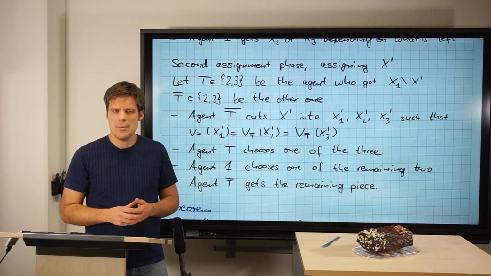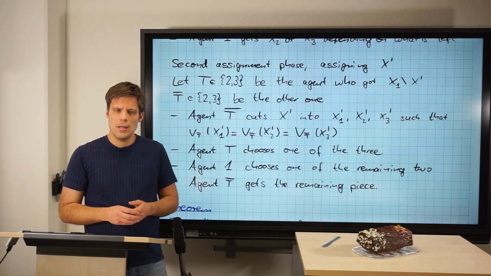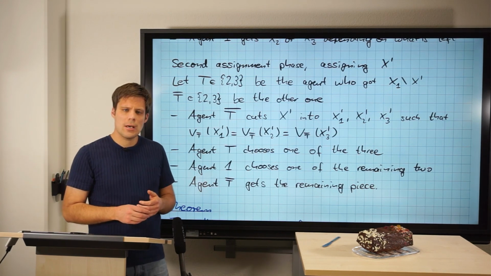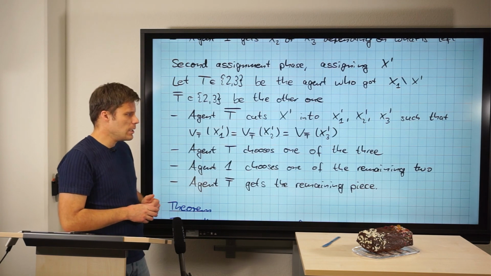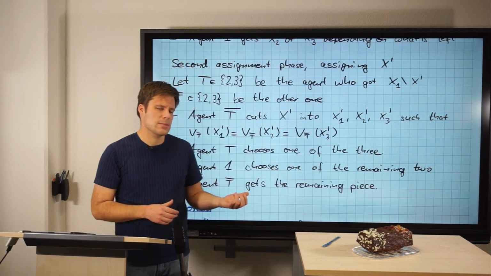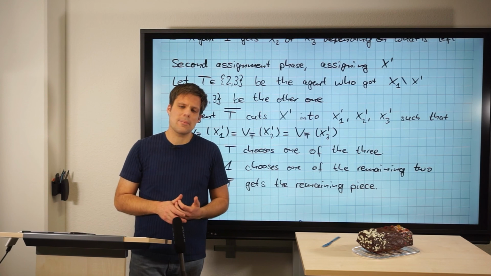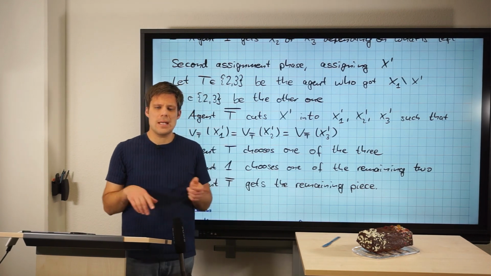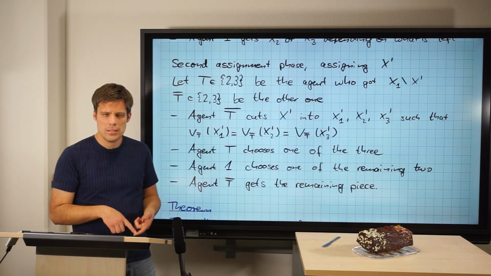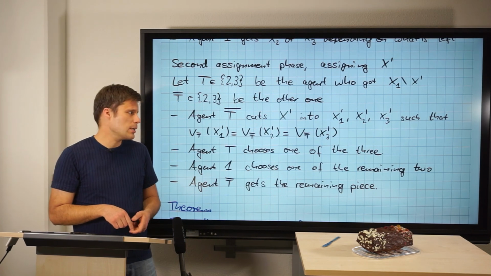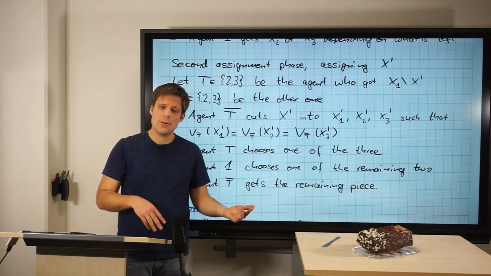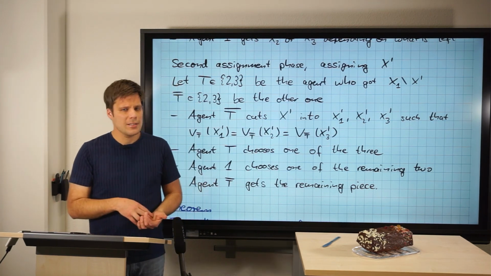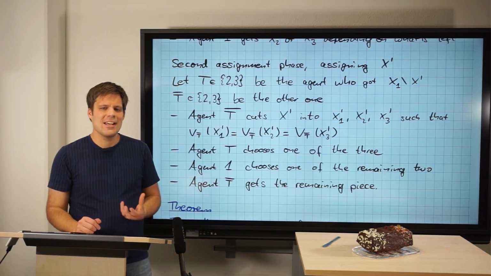Everybody gets the same amount, but how can you now ensure that you're doing this with only finitely many cuts, or even with a number of cuts that is bounded only in n and does not depend on the valuations? This is much more complicated. And as you see, even for three agents, it all is difficult, and it certainly doesn't get any easier if you have more than 3 agents.